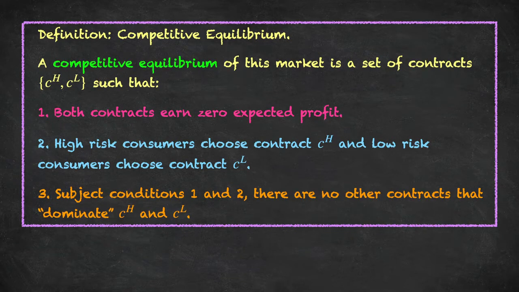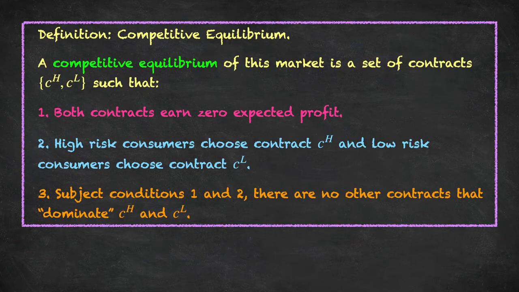Any contracts that were profitable, another firm has competed those profits away, offering the consumers better and better contracts until they reach a point where firms are earning zero expected profit. The second condition for a competitive equilibrium for us will be that the high-risk consumers choose contract CH and the low-risk consumers choose a contract CL.